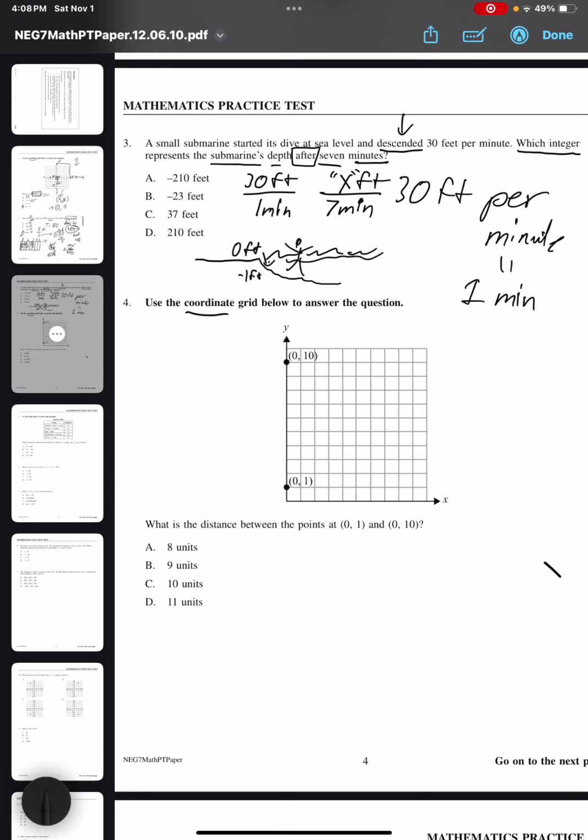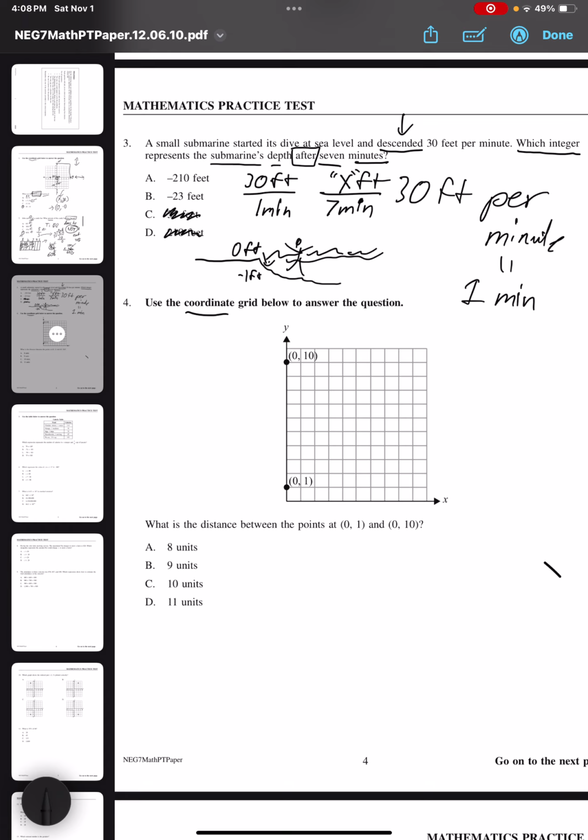Let's put 30 feet's fine there. Now, we're descending. So the first thing we can look at, is that going to be positive or is that going to be negative? Of course, it's going to be negative. So automatically, we can get rid of this and we can get rid of this.